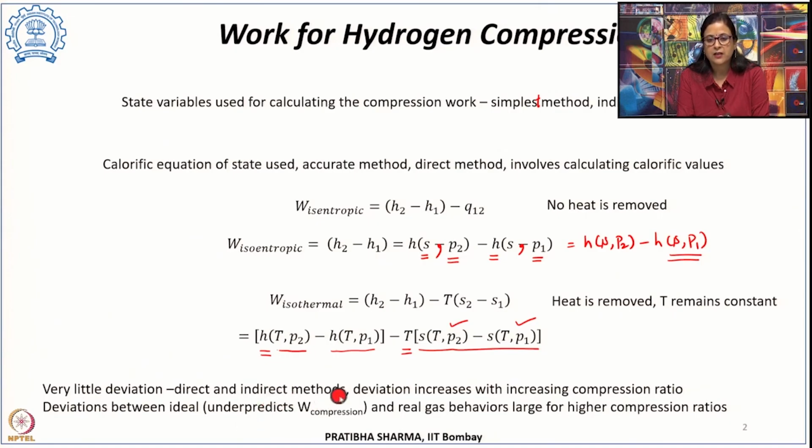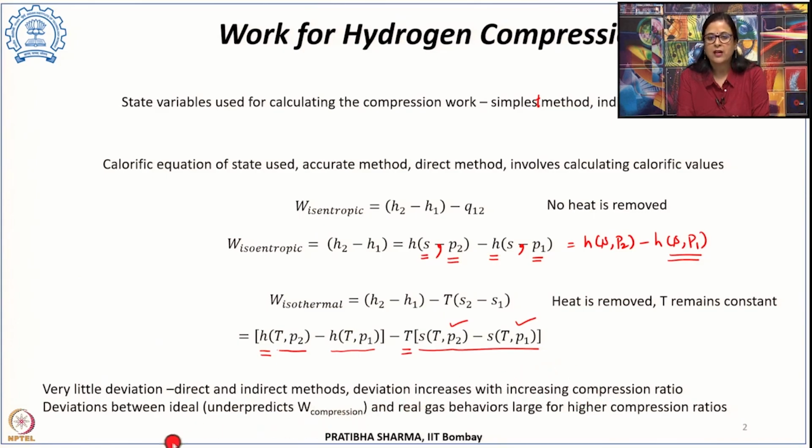But this deviation is found to increase with the increasing compression ratio. As P2 by P1 increases, as the outlet pressure or the delivery pressure gets higher compared to the inlet pressure or the suction pressure, this deviation between the two methods using which we calculate the work of compression, it increases.